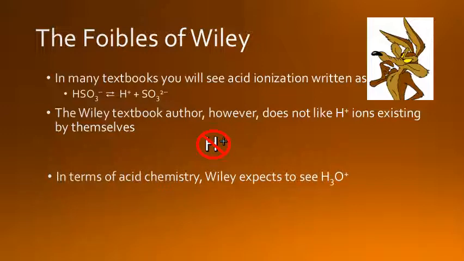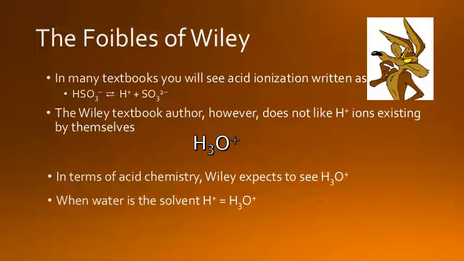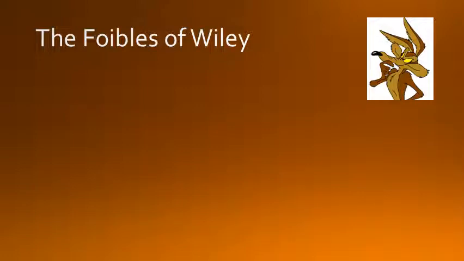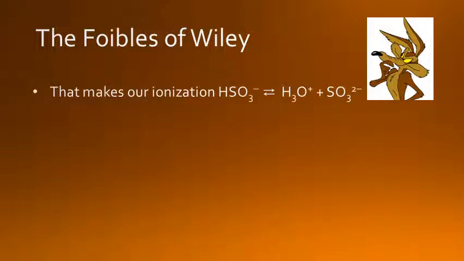Wiley's looking for H3O plus. And when water is our solvent, H plus and H3O plus, same thing. And in Chem 2 acid-base chemistry, water is always going to be our solvent. So our ionization then is hydrogen sulfite, HSO3-, going to H3O plus the sulfite anion.